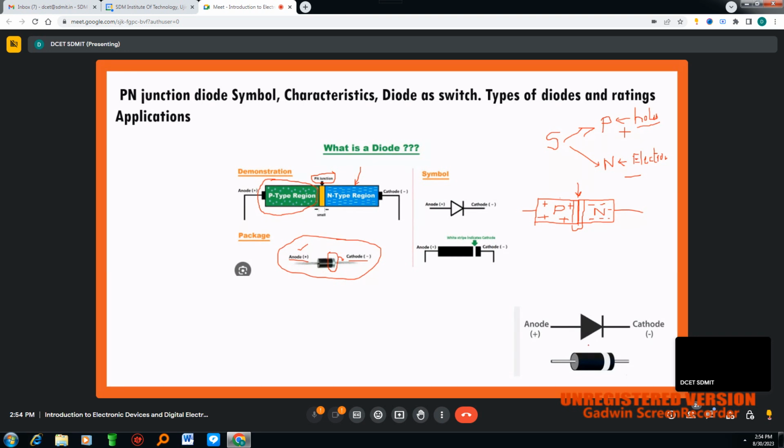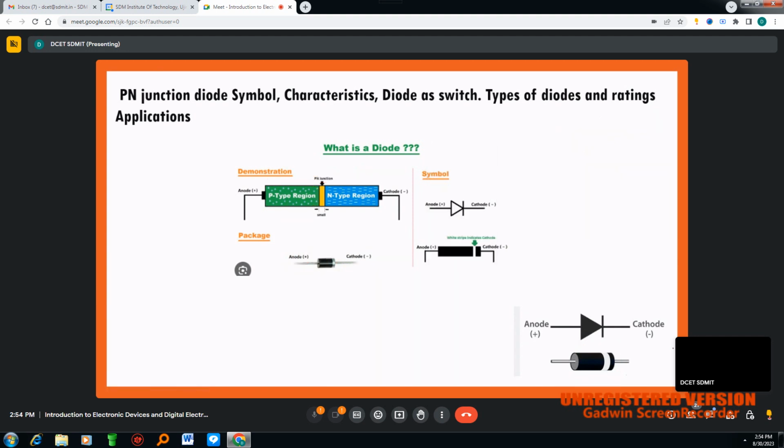See here, this is also a representation of a PN diode with anode terminal and cathode terminal. This one is practically what you are going to observe as the PN diode, whereas this one is the symbolic representation.